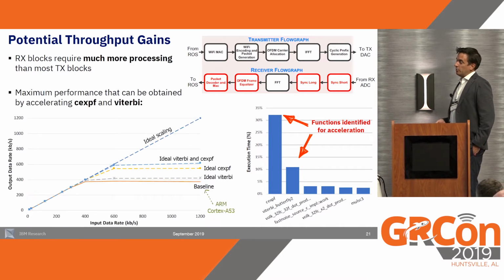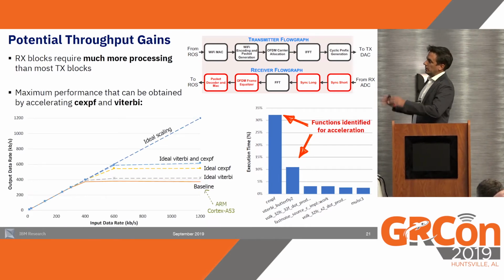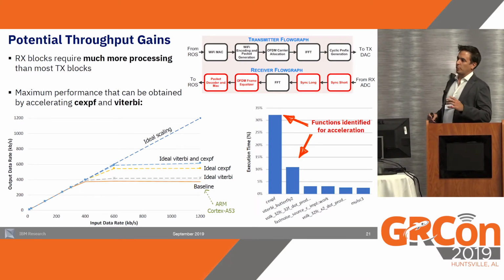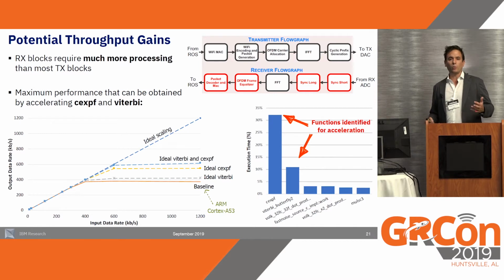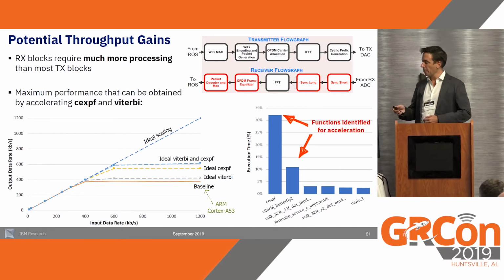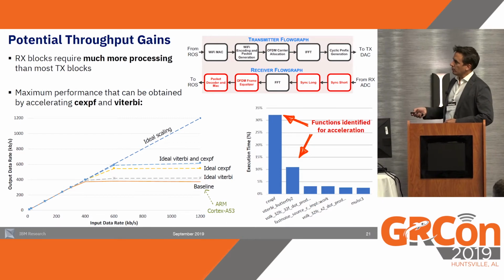Another thing that we did, very easy, was to measure what potential performance benefit we can get in return if we decide to optimize these two functions. So we took the transceiver and created a version that works in a loopback mode. Basically, what we inject in the transmitter is fed back into the receiver.